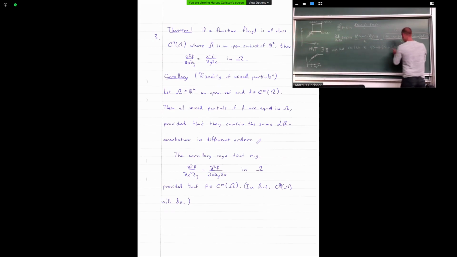So if we want to use a one variable result like this in a two variable setting, we have to understand that this psi actually also depends on b. So on different levels here, we get different psi's. And this is a complicating factor. This is why this proof looks a bit weird the first time you see it.